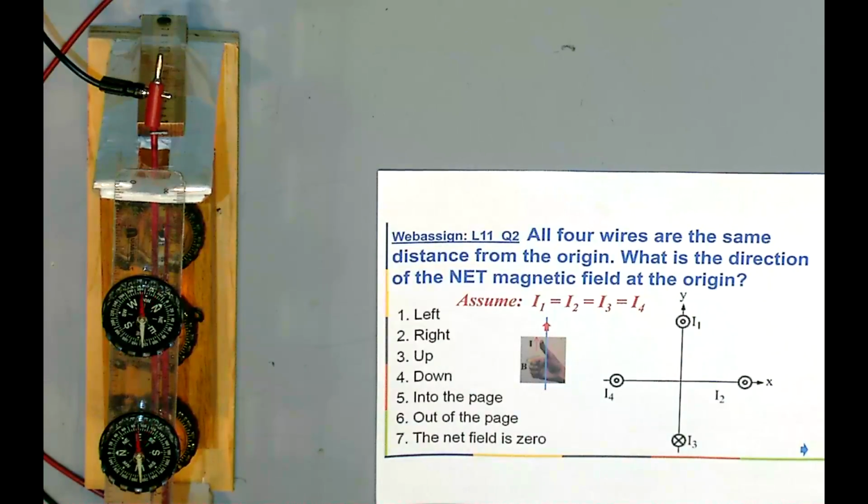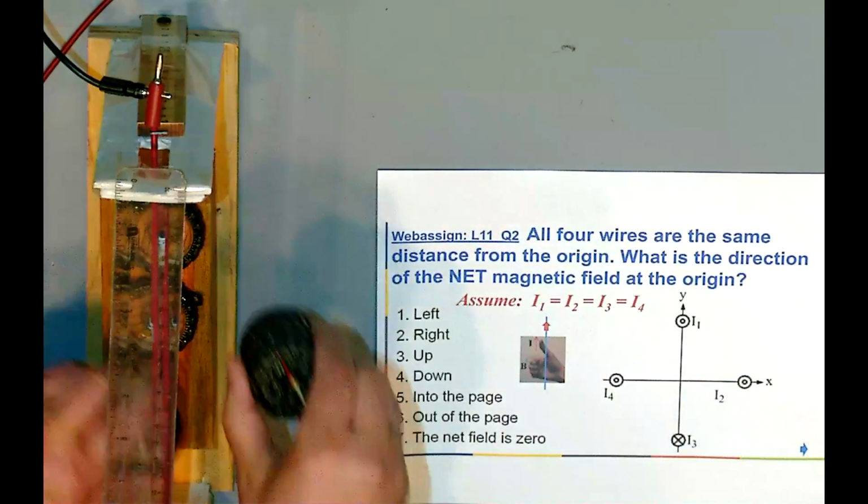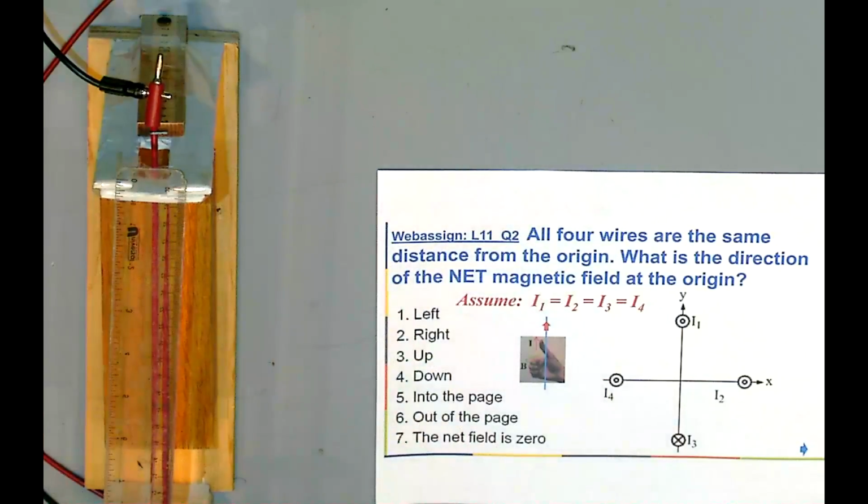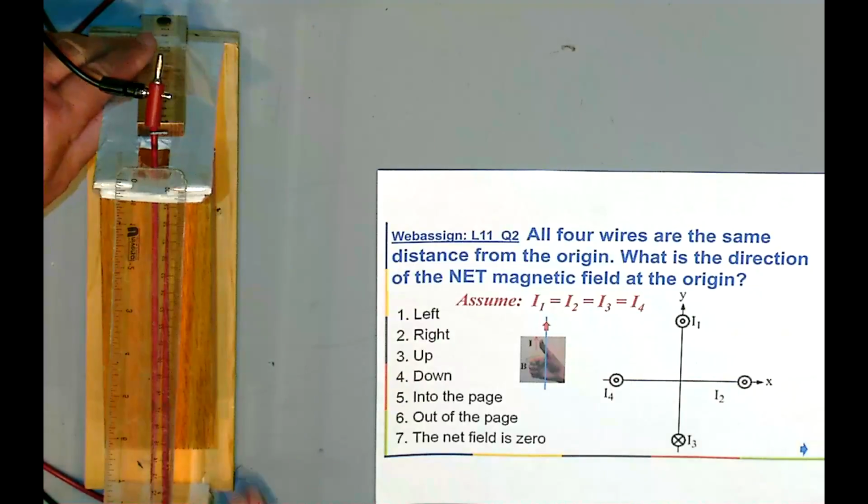Now, this is just for one wire. Here we have four. So all we have to do is repeat the same reasoning four times.